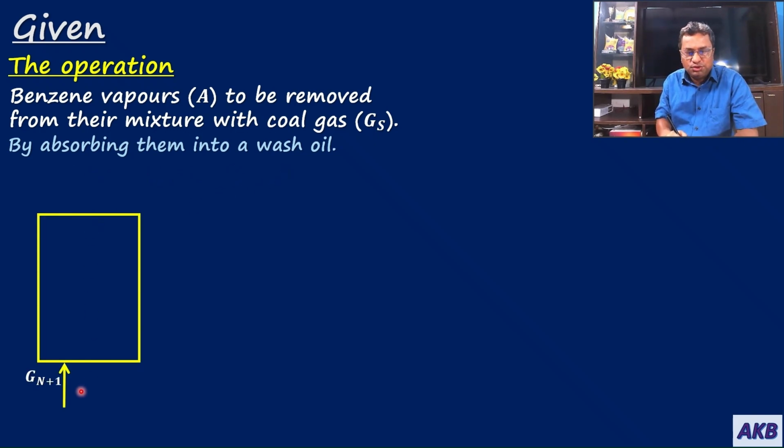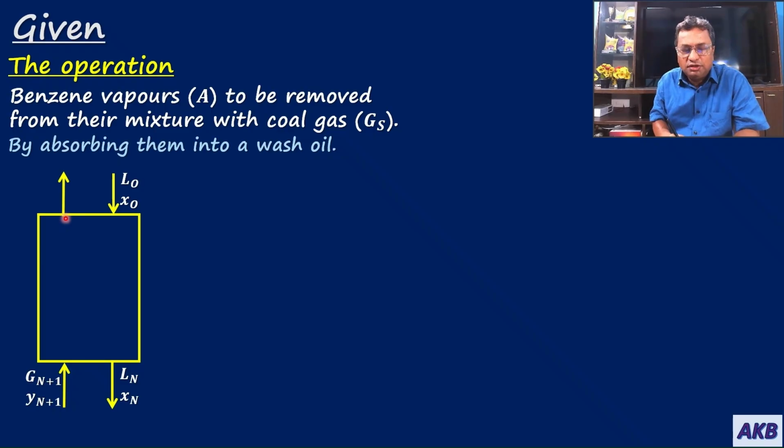If you have to show the operation schematically, the gas is entering at the bottom. It is contacted with the wash oil, and after absorbing benzene vapors, the resulting solution will come out at the bottom, whereas the gas from which light oil vapors have been removed will come out at the top.